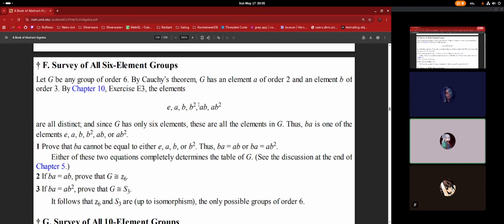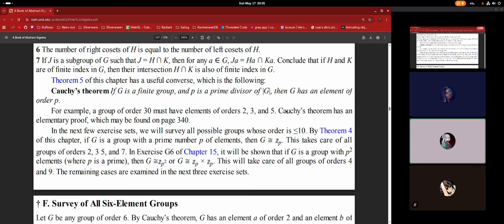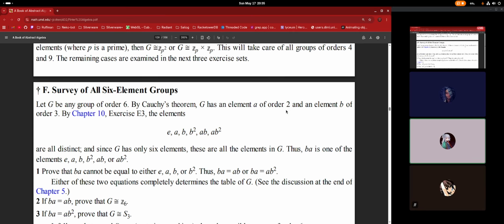Wait, you know that A is the inverse of itself how? Because by the theorem at the beginning of this section, by Cauchy's theorem, G has an element A of order 2. So because A has order 2, that means A is its own inverse. Wait, I thought being your own inverse means that you have order 1.